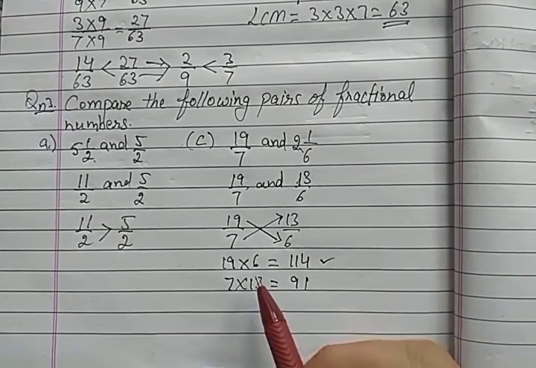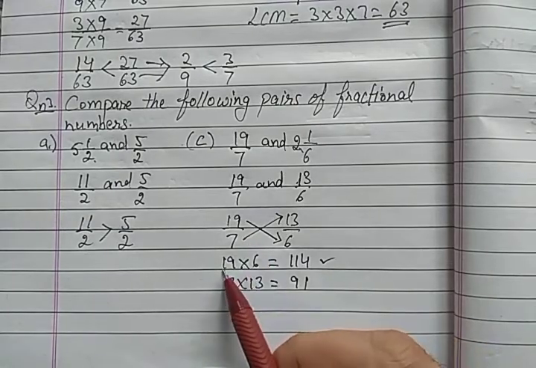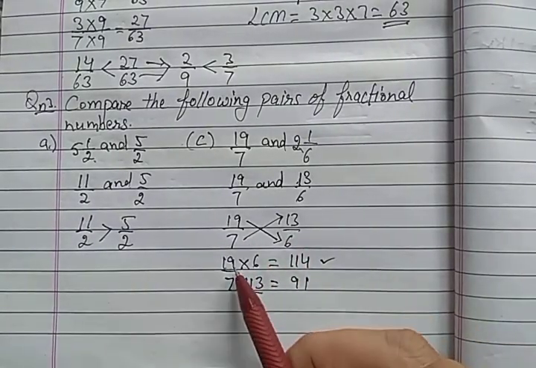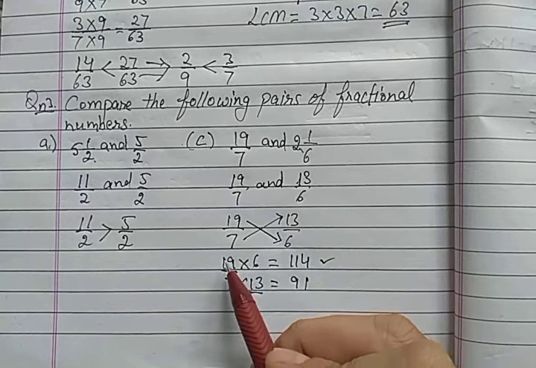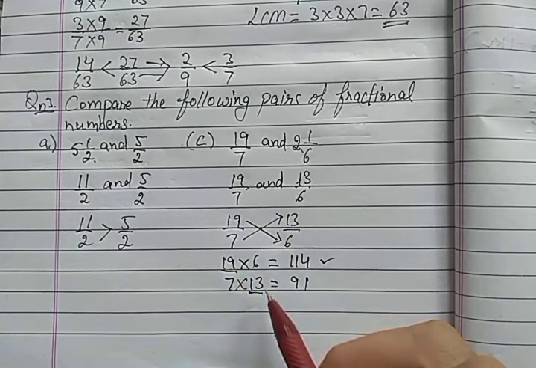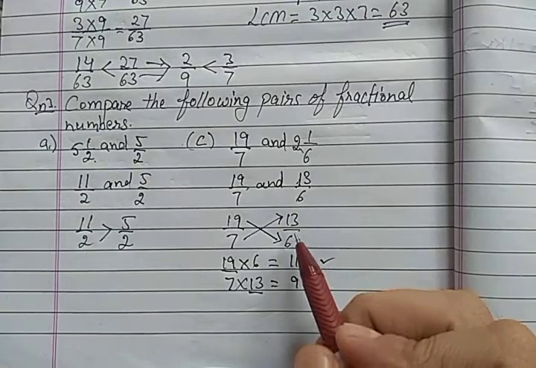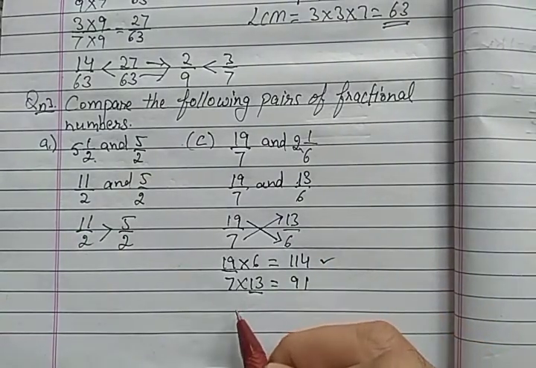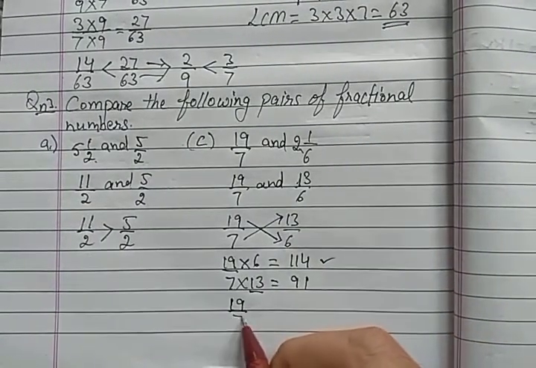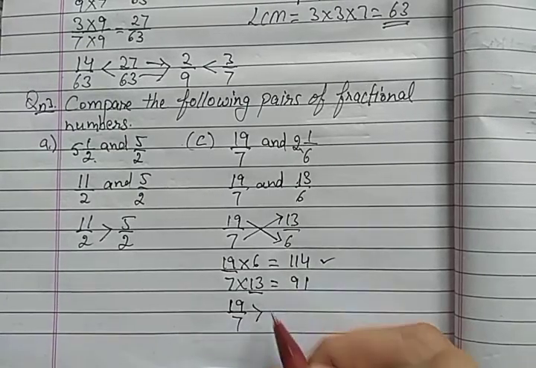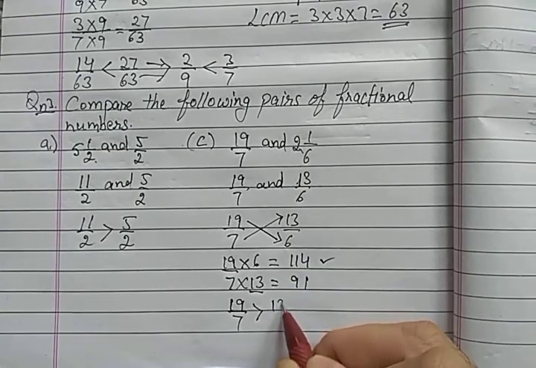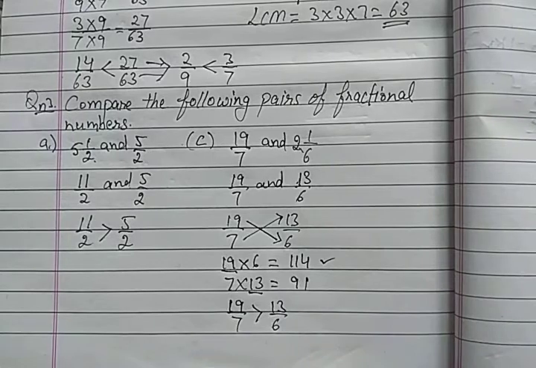So here the numerators are 19 and 13. So the fraction having numerator 19 is greater than the fraction having numerator 13. So 19/7 is greater than 13/6.